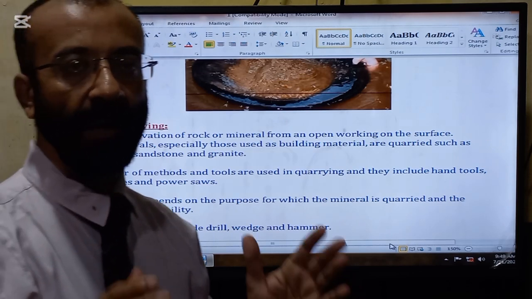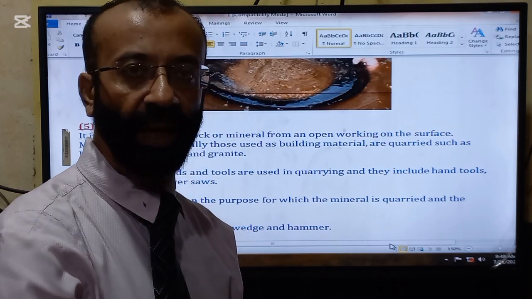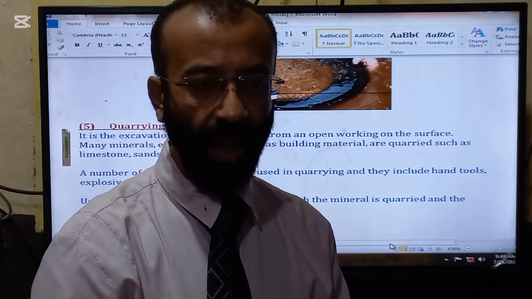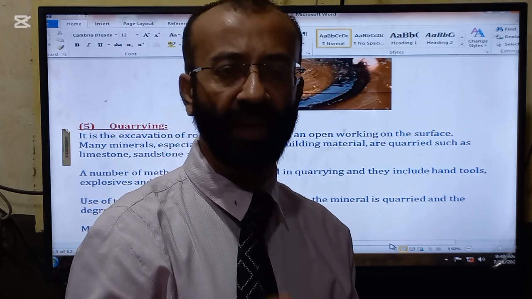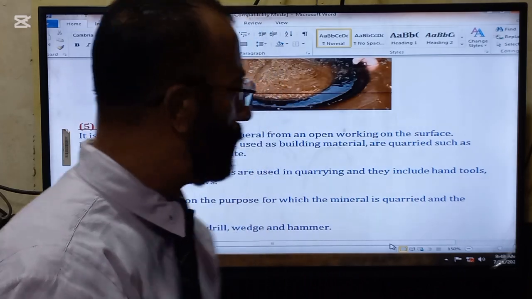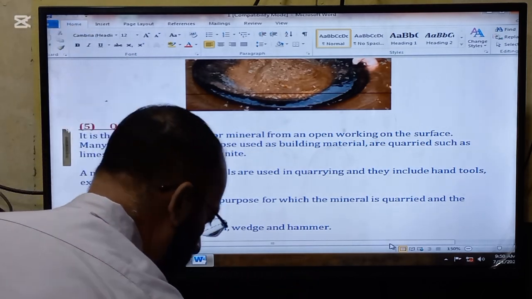So if the minerals are found very deep inside the earth, normally explosives are used. And if near the surface of the earth, some hand tools or digging machines are used. Major hand tools include drill, wedge, and hammer.